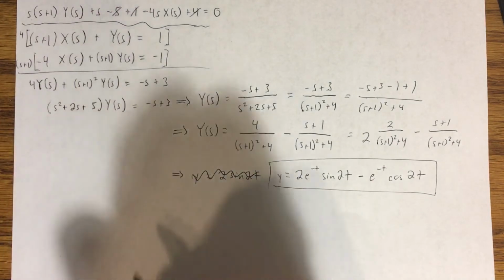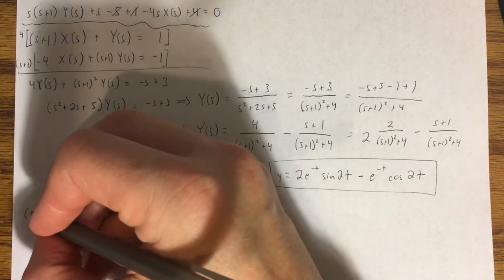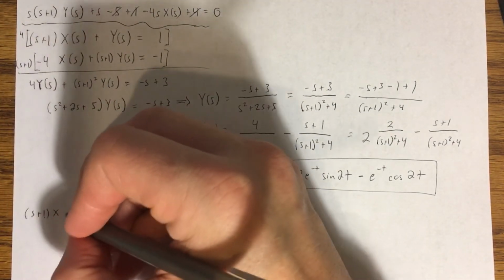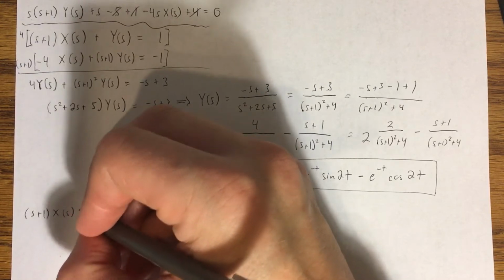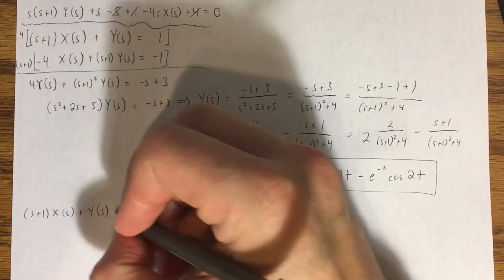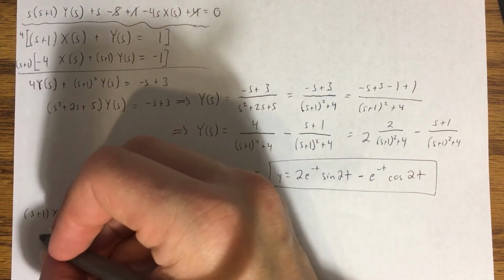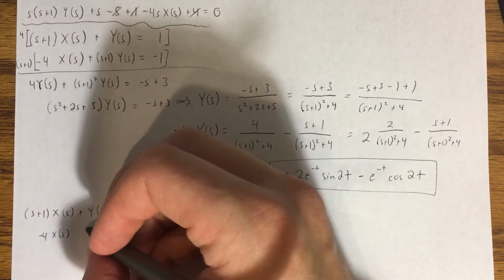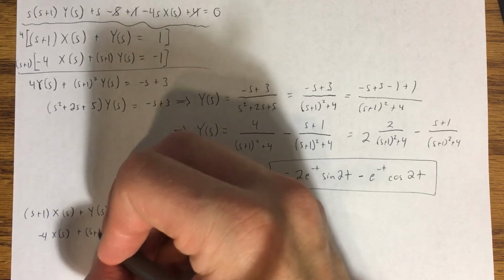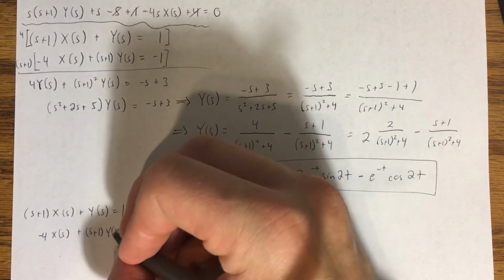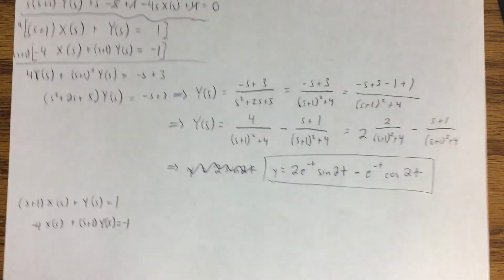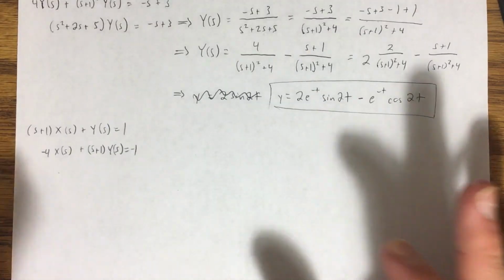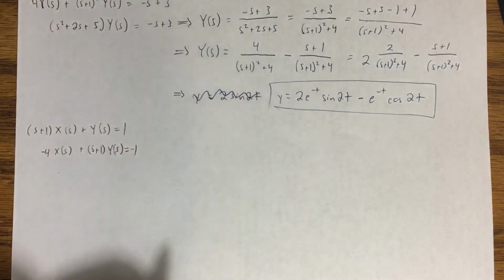So I'm going to rewrite that system. It was (s plus 1) X of s plus Y of s equals 1, and negative 4 X of s plus (s plus 1) Y of s equals negative 1. Okay? Now I want to eliminate my y.